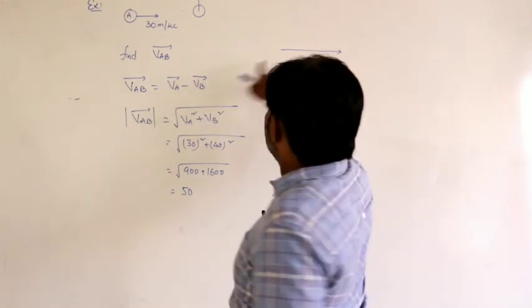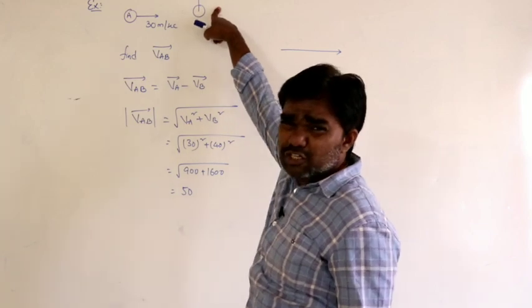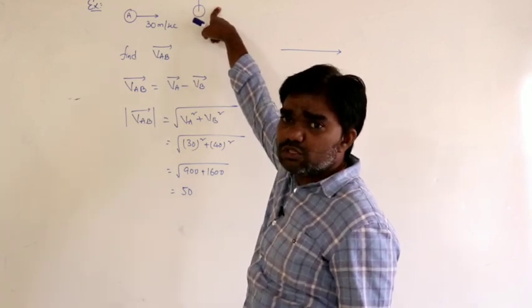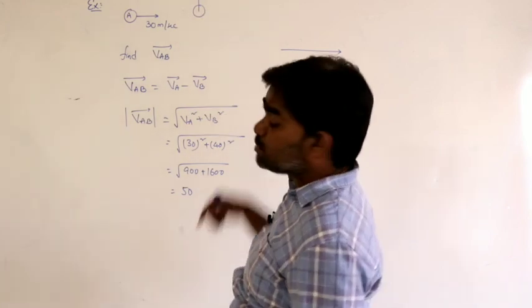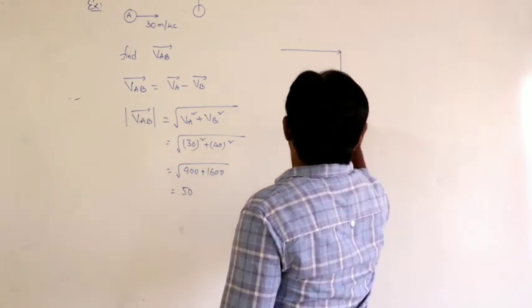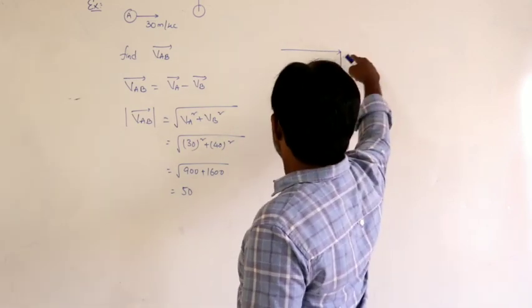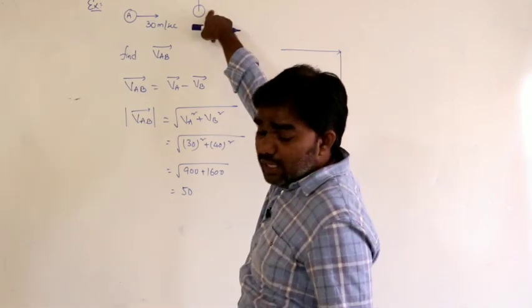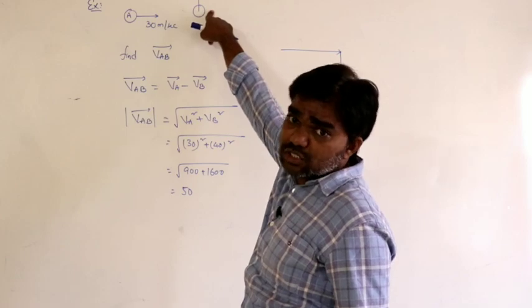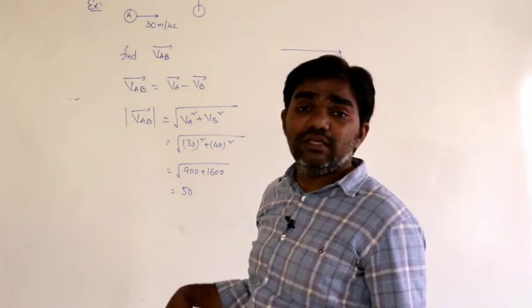So VA bar towards east, no change, minus VB bar. What is the direction of B bar? Towards north, but minus B, minus of north is south.